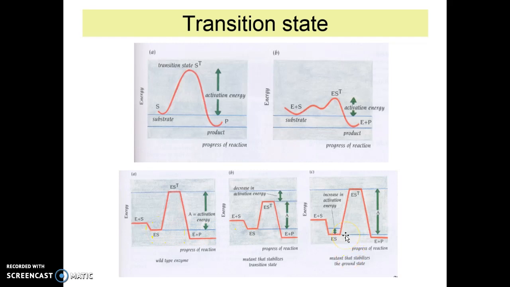The decrease in binding energy on the formation of the transition state would increase, as you see on the larger scale than the wild type. So it would increase the activation energy and catalysis would not be achieved.